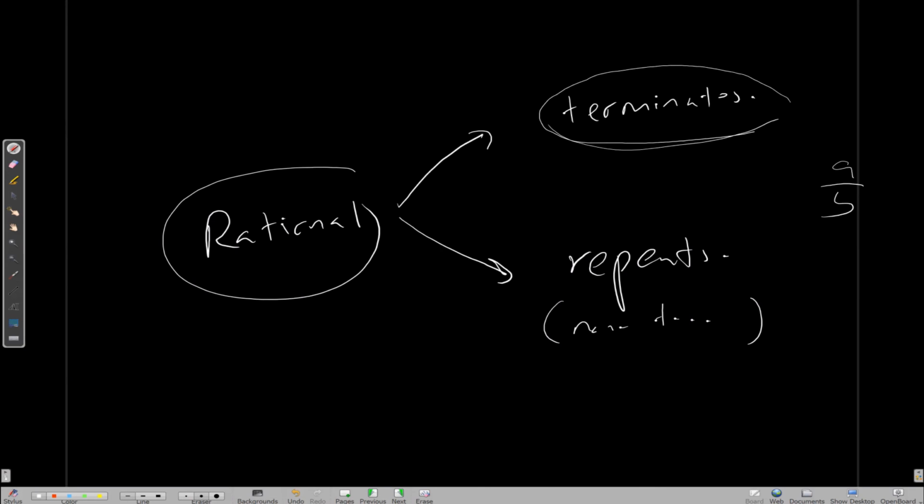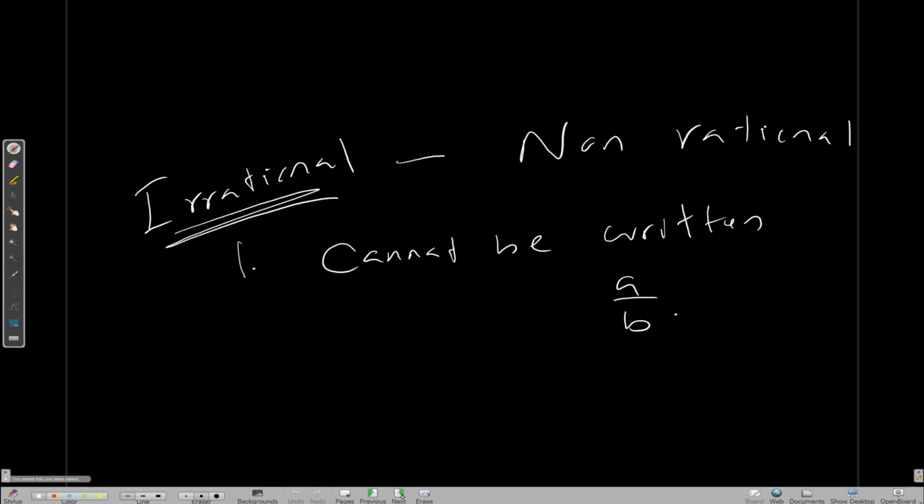Or in other words, going back to this, when you divide a number by a number, either it's going to terminate in the decimal expression or it repeats. But there are numbers where neither happens. So in this case, non-terminating with no pattern.